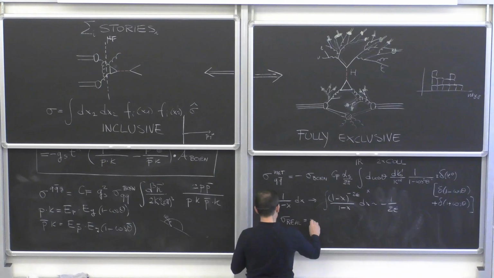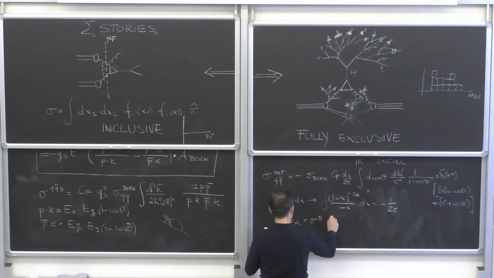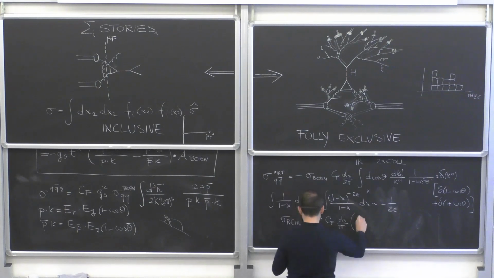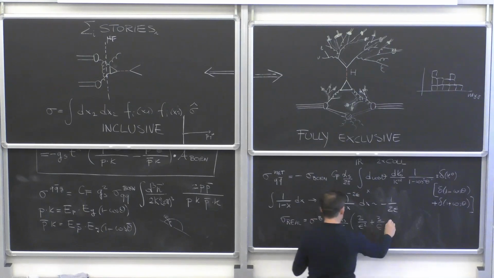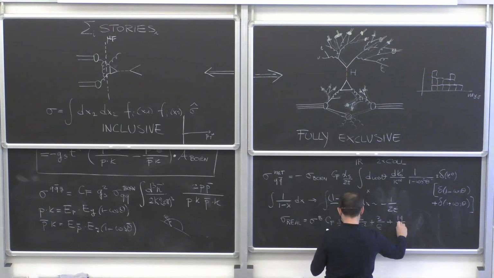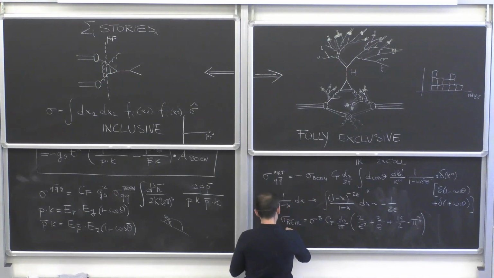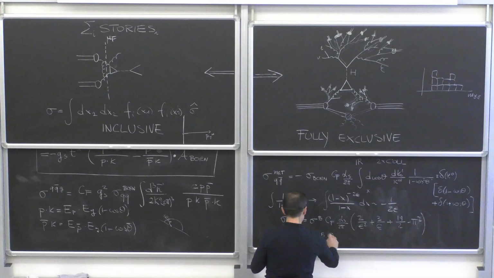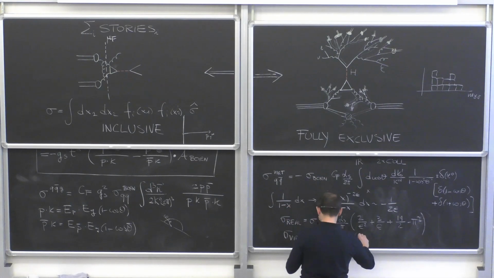So the real at the end is like the Born, C_F alpha_s over 2 pi, 2 over epsilon squared plus 3 over epsilon minus, this is the exact result, and the virtual is the same, but the divergences have the opposite sign.